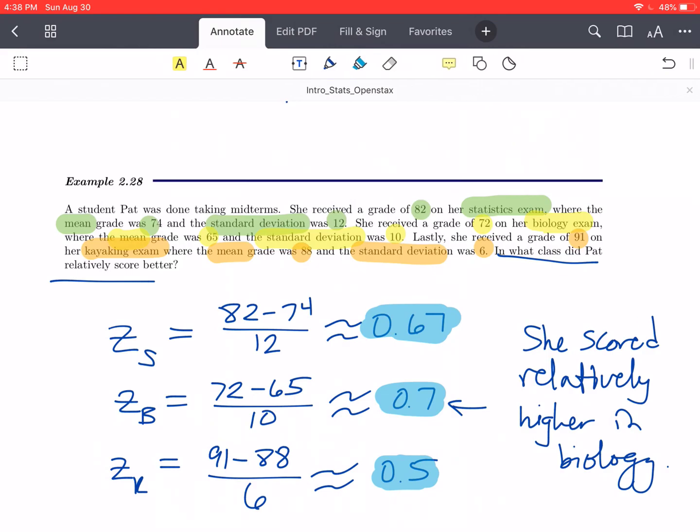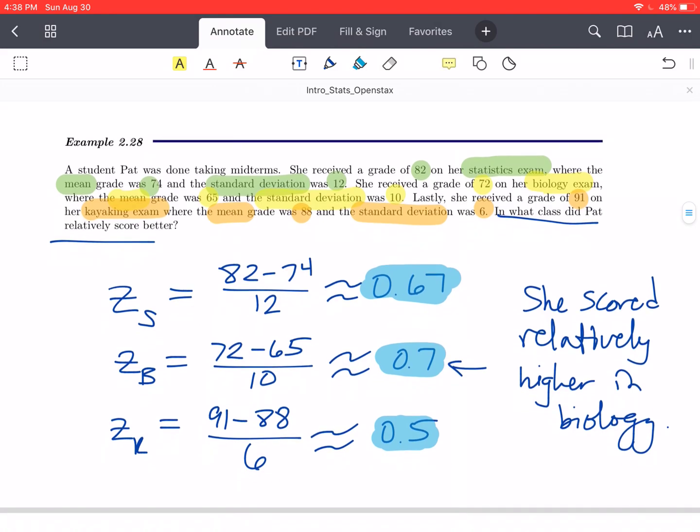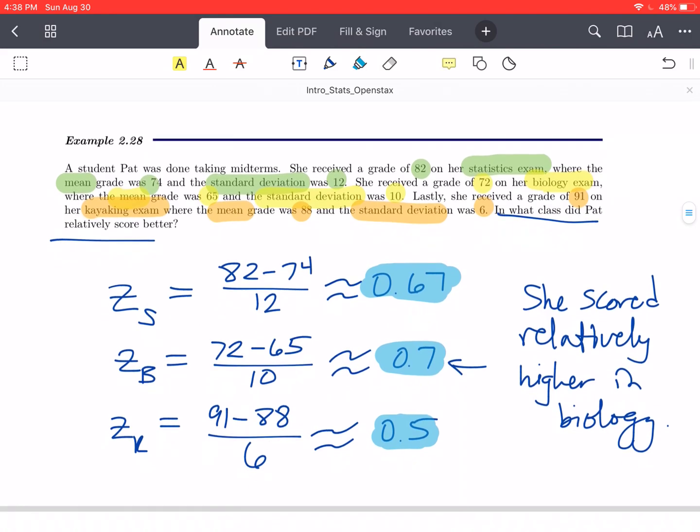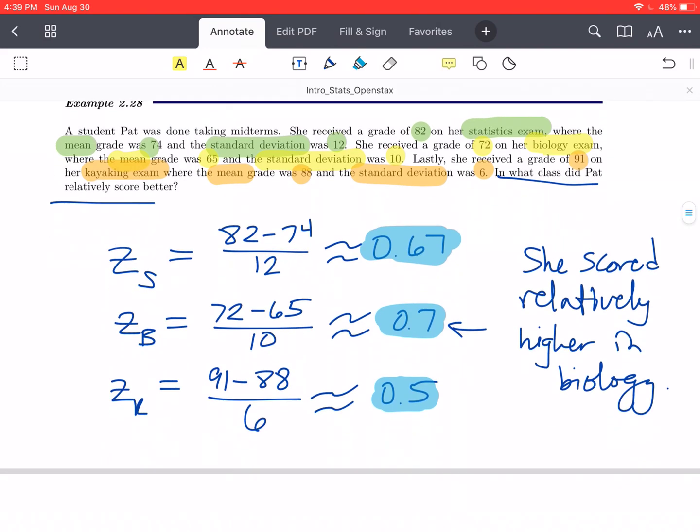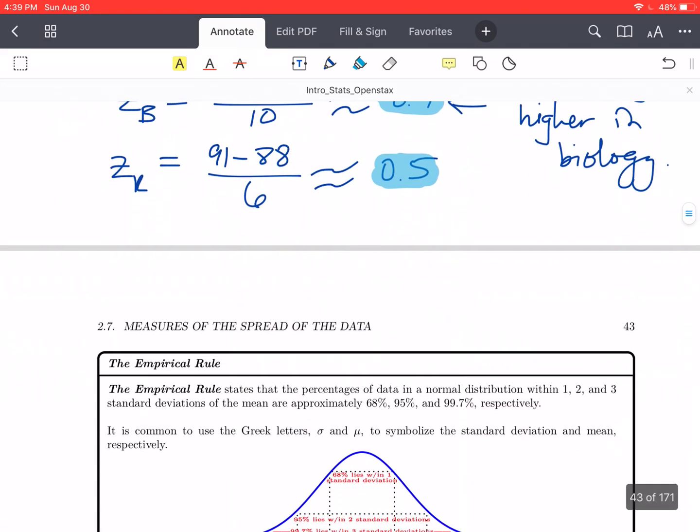Okay. So again, that's really all we're going to do for now with the z-scores, but we will be using them a lot in future chapters. So just keep that in the back of your mind.